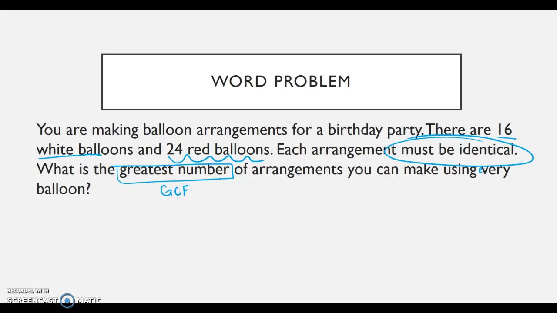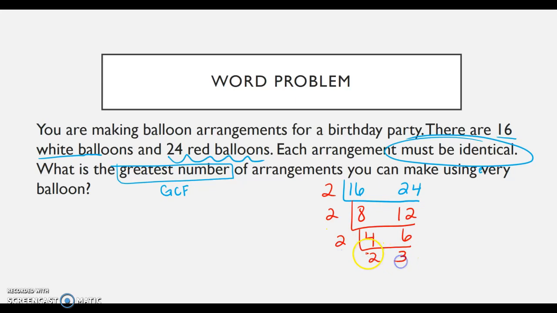So again, we're going to take our two numbers, our 16 white balloons, our 24 red balloons, and we're going to find the greatest common factor of those two numbers. So we're going to divide by 2, we get 8 and 12. Divide by 2 again, we get 4 and 6. And then we're going to divide by 2 one more time, and we get 2 and 3. This is where our common factor is just 1.